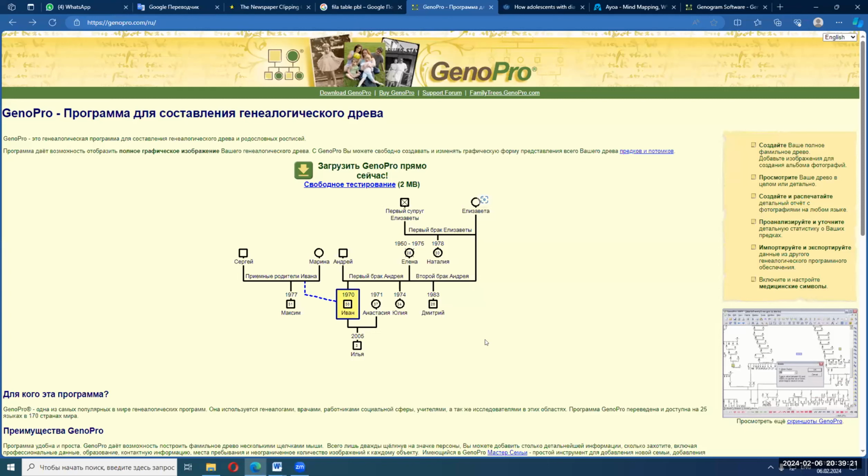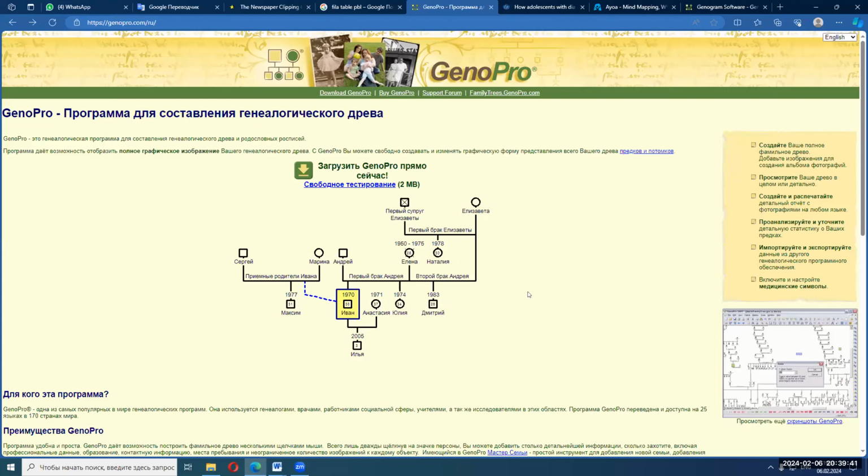It's just one example. We can find other techniques or other websites, including AI, artificial intelligence.